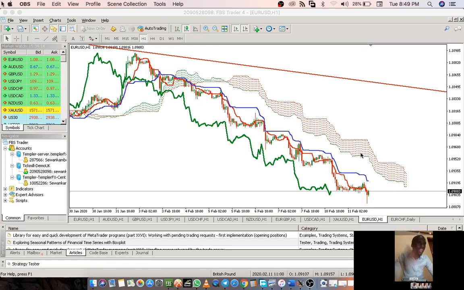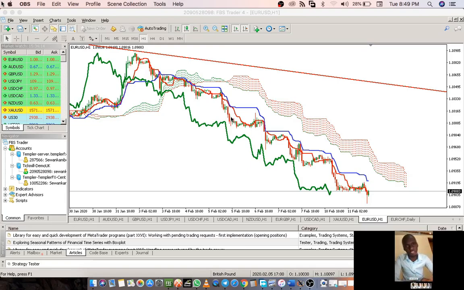Then the other two lines are the Kijun-sen and the Tenkan-sen. The Tenkan-sen is the red line, and the Kijun-sen is the blue line. These two lines are known as the signal lines.